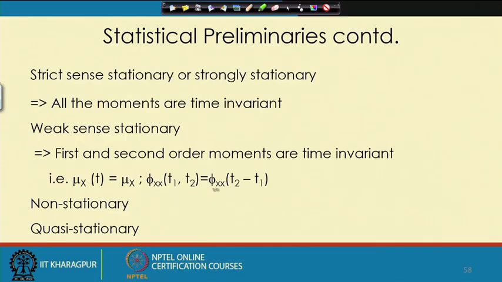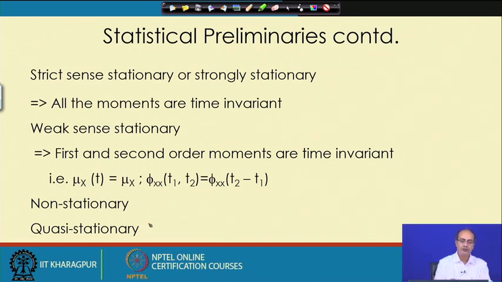That means, in case of a quasi-stationary signal, within that interval, the mean and the variance are not changing much. So, that gives us the definition of the quasi-stationary signal, and we can take that segment of the signal and we can process it as a stationary signal.